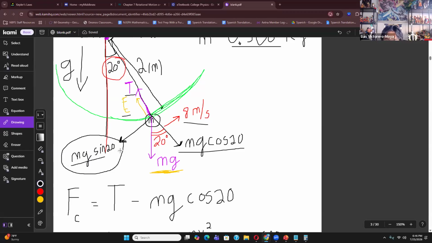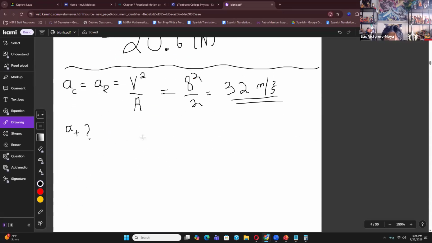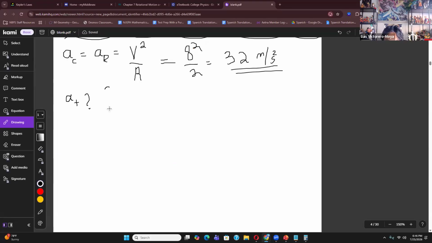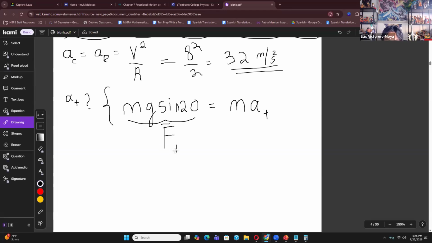So this one, mg sine 20, is equal to the mass times the tangential acceleration, because this is the tangential component of the force.